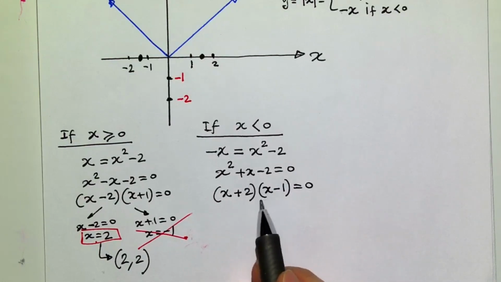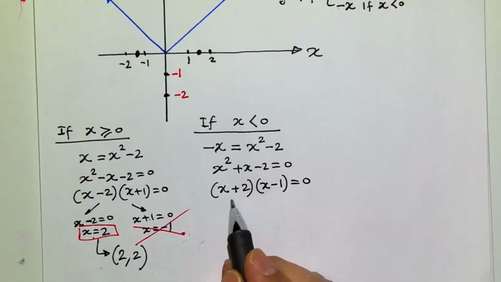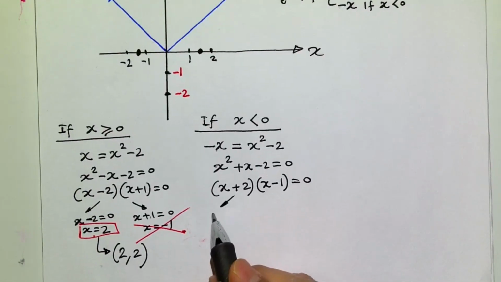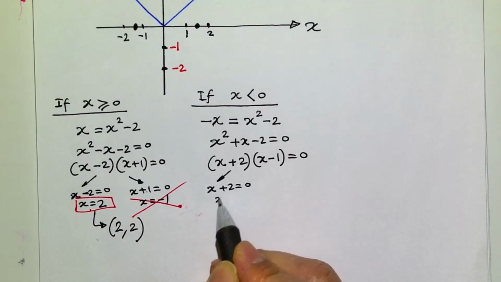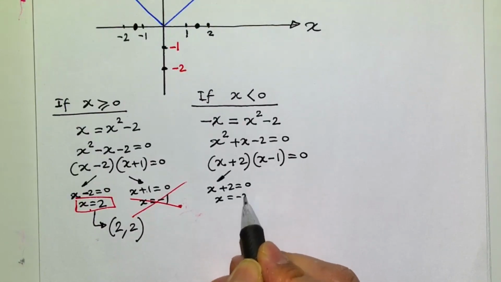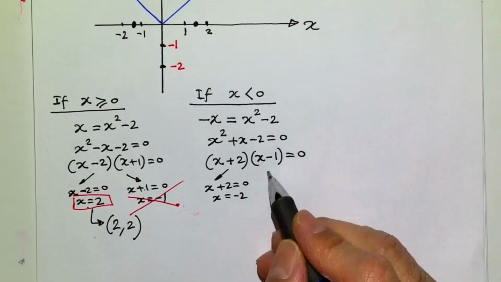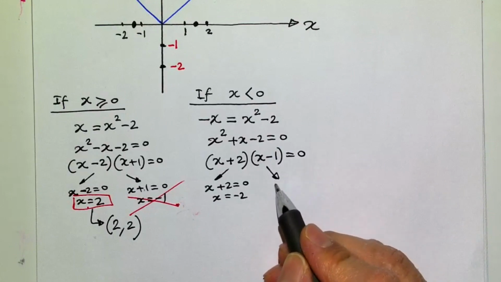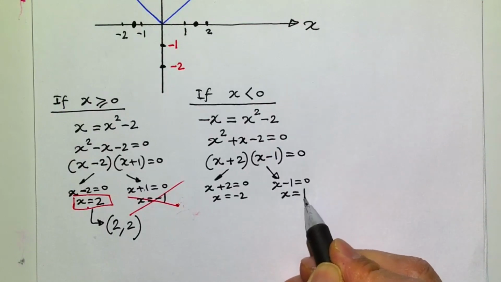I think that would be correct. And then if we once again set this piece equal to 0 and solve for x, we will get x equals negative 2, right? If we set this one equal to 0 and solve for x, we get x equals 1.